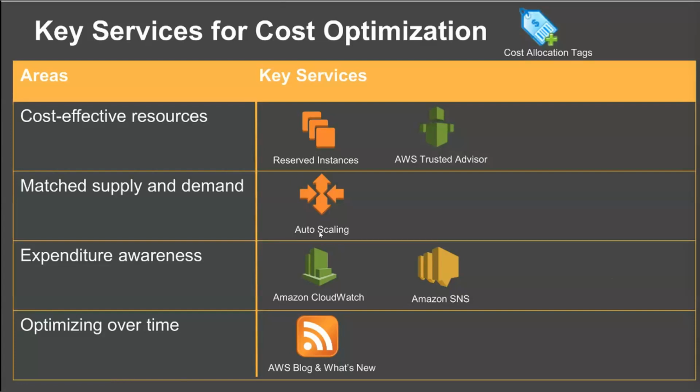You commit for the entire year, which, as compared to your on-demand cost per month, will come at a lower rate, which will definitely save cost on your side. Then AWS Trusted Advisor will just give you recommendations of maybe right sizing, so that you do cost optimization. Then we also have another service called EC2 Optimizer.